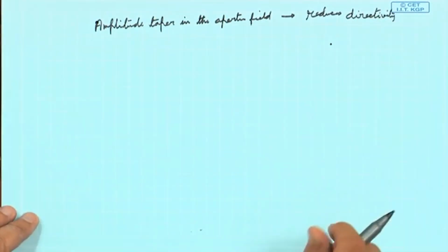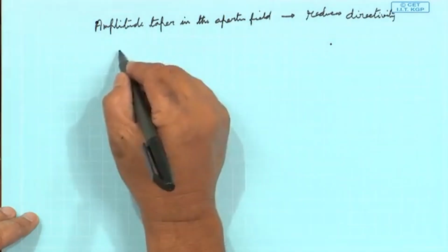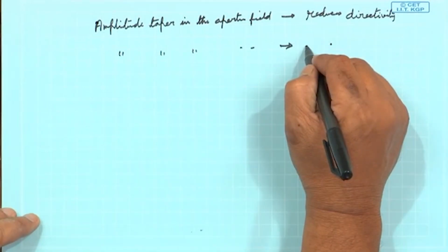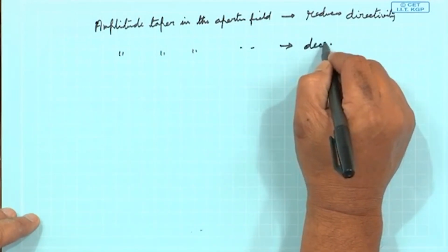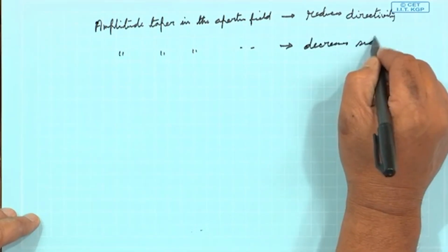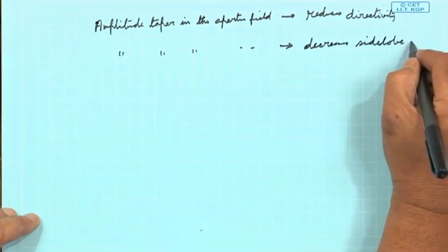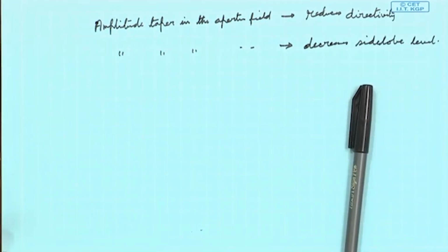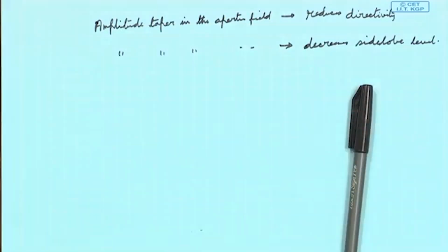So, that is not desirable, but amplitude taper in the aperture field also decreases the side lobe level. This will be shown later. So, this is the designer's problem: how much amplitude taper I have to give, because on one side it reduces directivity, and on the other side it puts the side lobe level down.